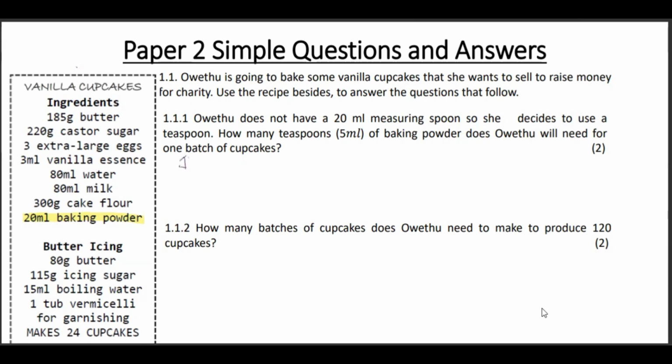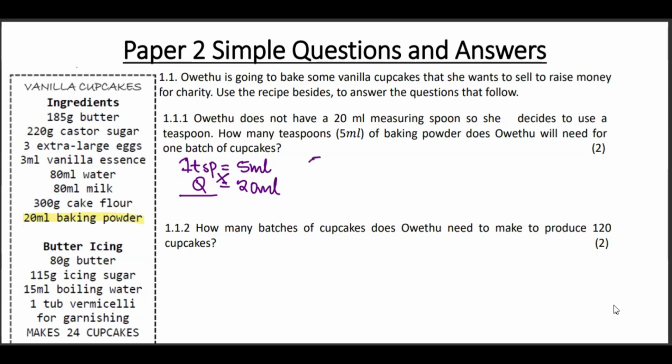So if 1 teaspoon is 5 mils, we are saying 1 teaspoon is 5 milliliters. How many teaspoons shall we use to get 20 milliliters?